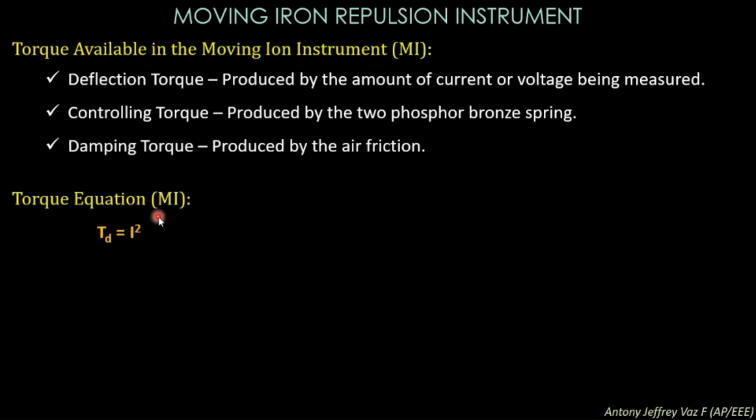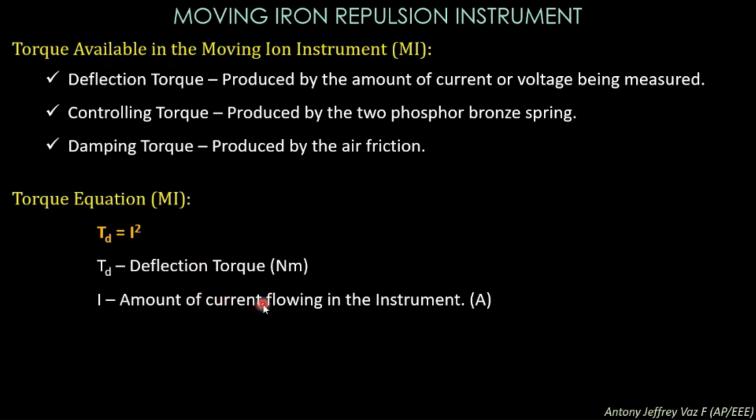The torque equation remains the same. The deflection torque is proportional to the square of the current being measured. So TD is the deflection torque and I is the current flowing in the instrument, rated in amperes.